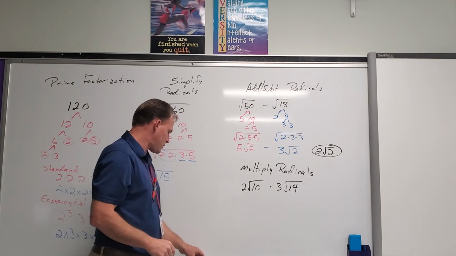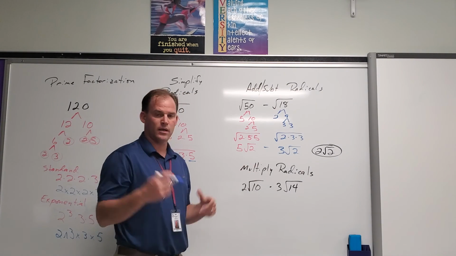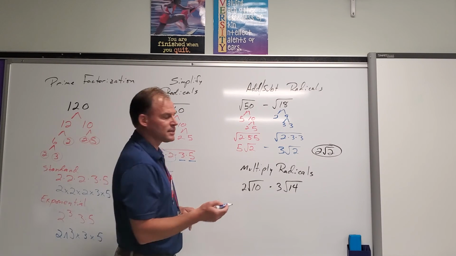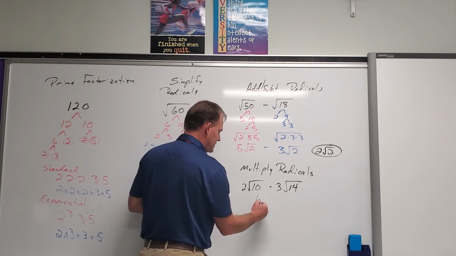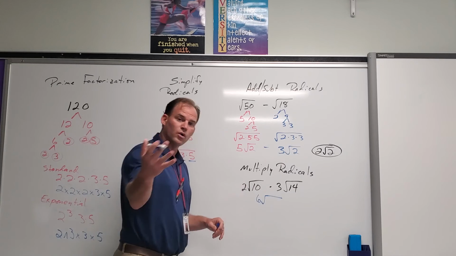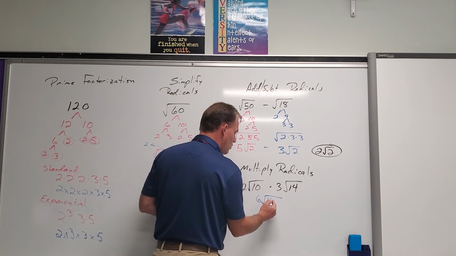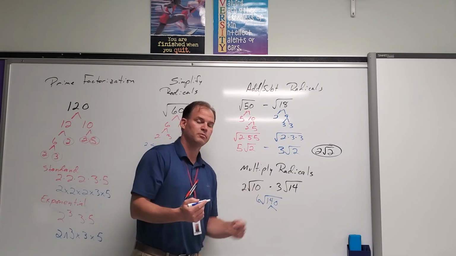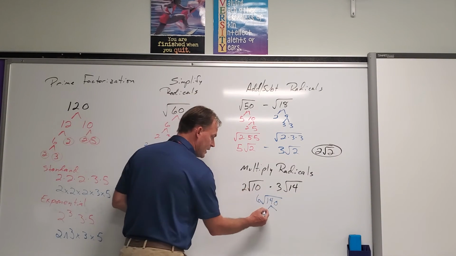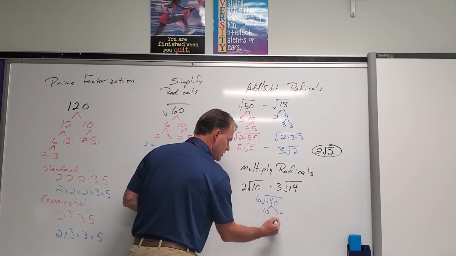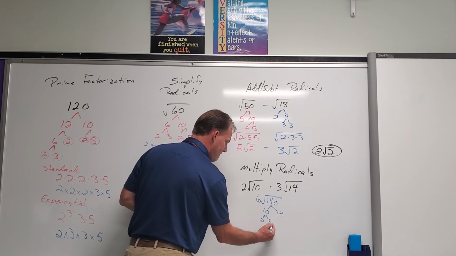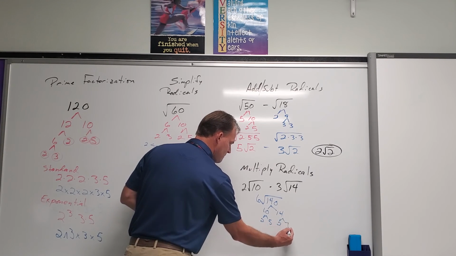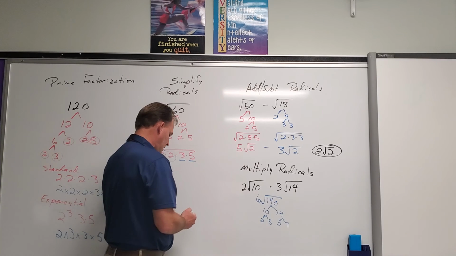Last one, most recent topic, multiply radicals. Outside times outside, inside times inside. This gives me 6 root, go to the calculator if you need to, 140, and then I'm just going to break 140 down. Best place to start is with the two numbers you just had, 10, 14. 2 times 5, 2 times 7.